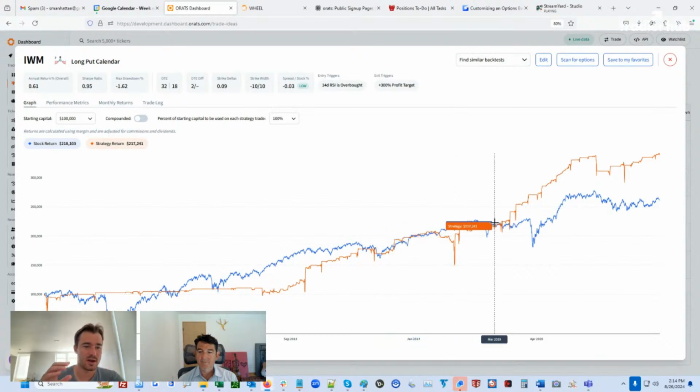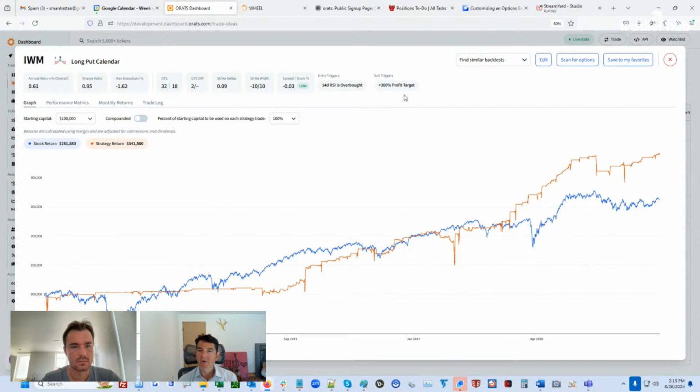So if we start investing $100,000 in the stock and just wait, that's the blue line. The orange line is investing $100,000 in each long put calendar, which is probably not practical, but it's a good way to see the returns lining up. It's just how much you're investing in the stock versus how much you invest in the strategy itself.